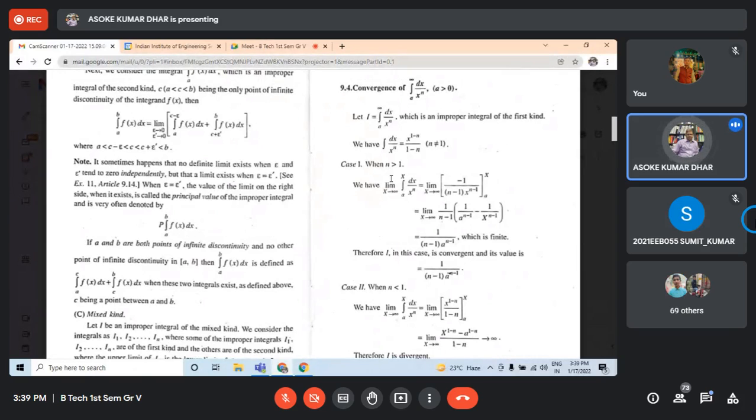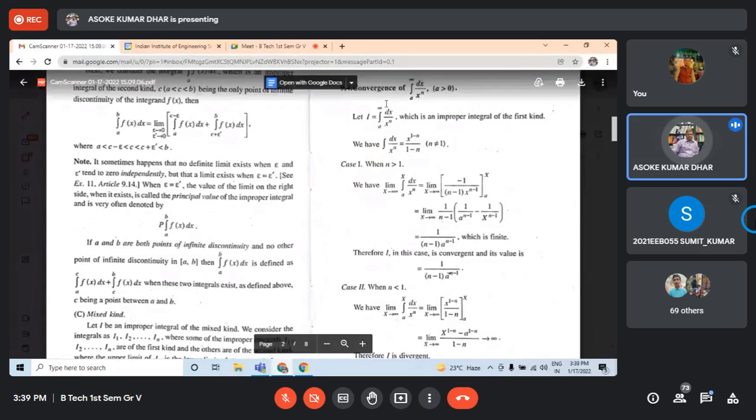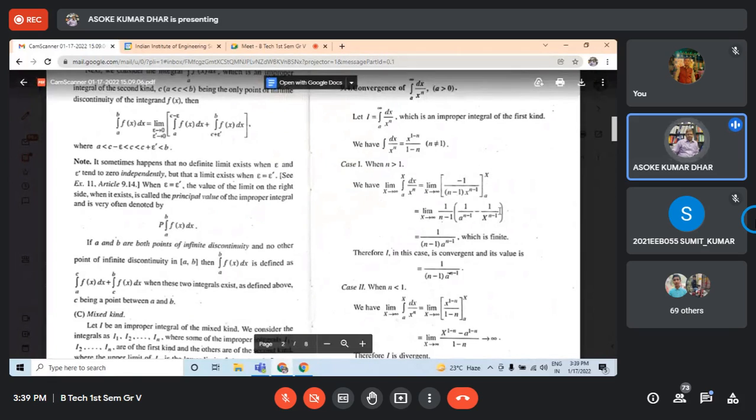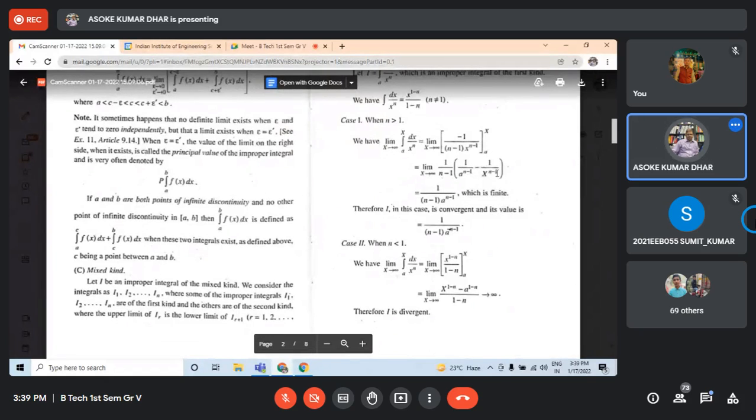Here n is the power of x, and the upper limit is infinity. Then a to x dx by x to the power n is the limit as x tends to infinity of this. Putting in the limits a to x after integrating, you get this, and taking the limit x tends to infinity.